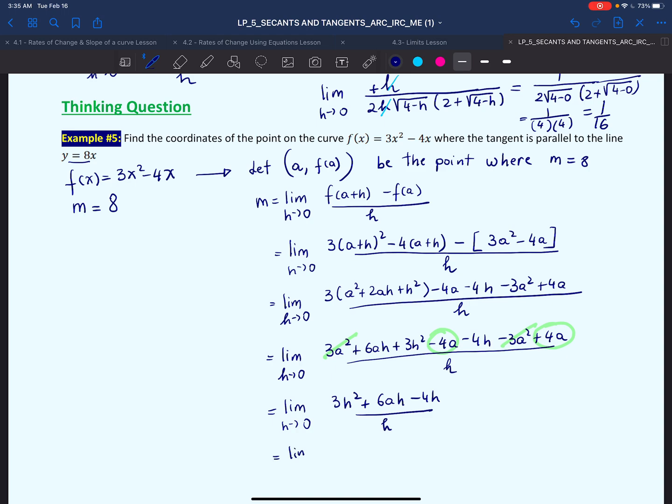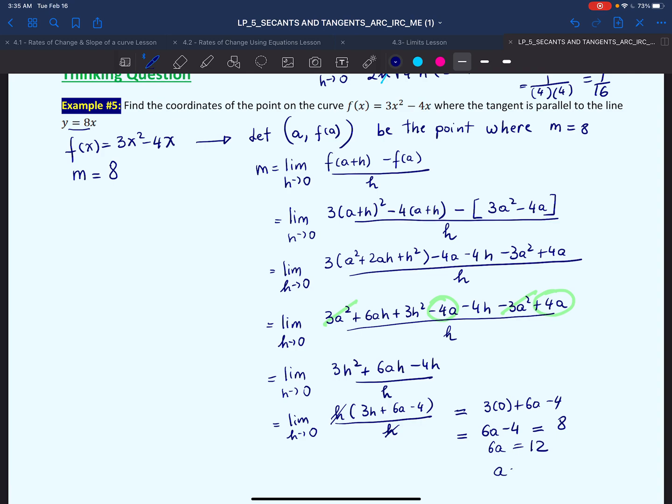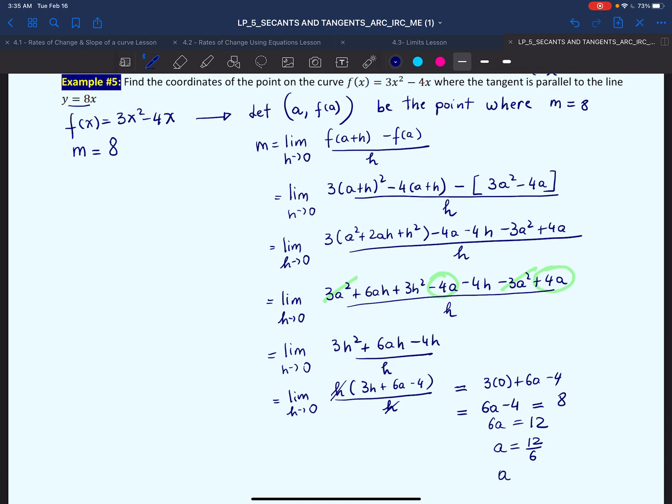So we can take h out. That's 3h plus 6a minus 4, over h. H will simplify, and the limit will be 3 times 0 plus 6a minus 4, or 6a minus 4. Now we know that this would equal 8, so that will make 6a equal to 12. And that in return will give the value of a equal to 12 over 6, or a equals 2.